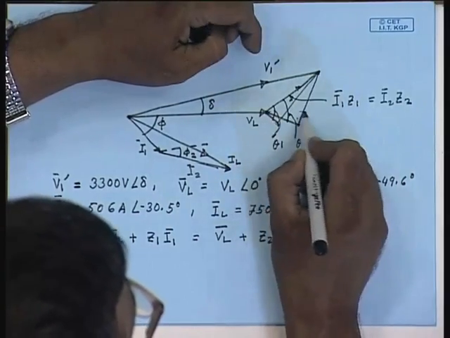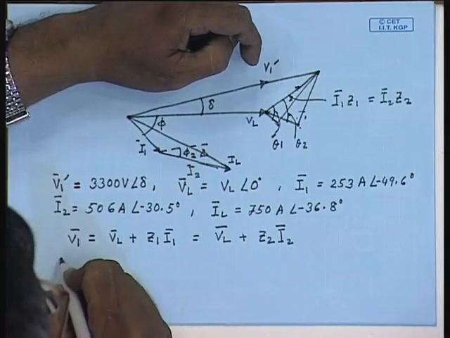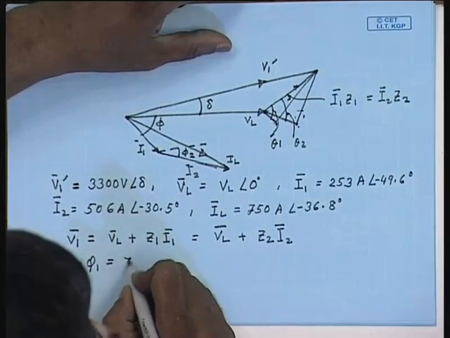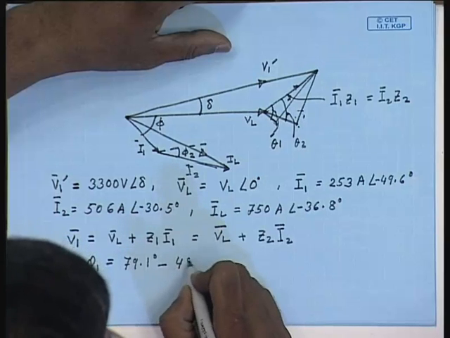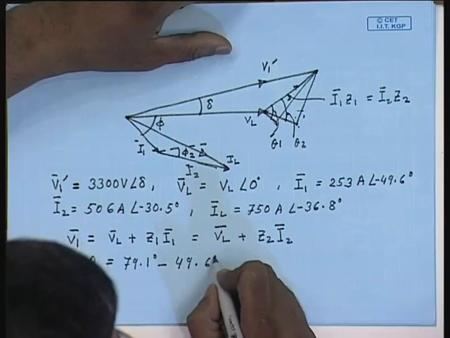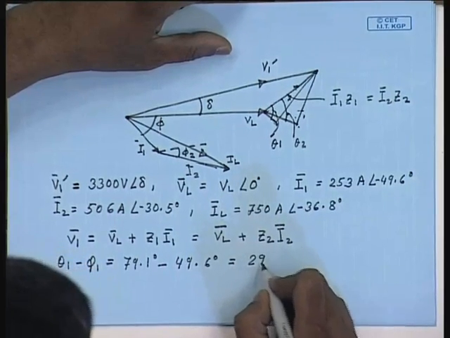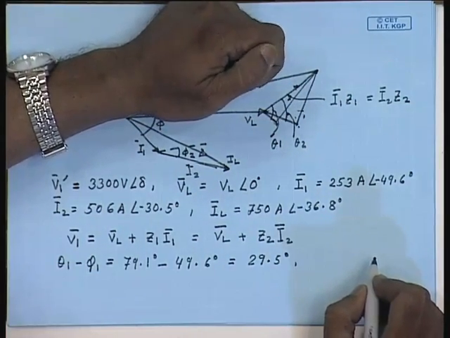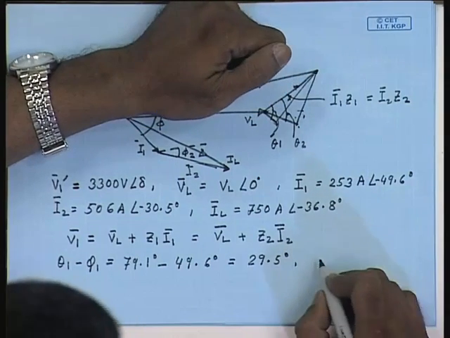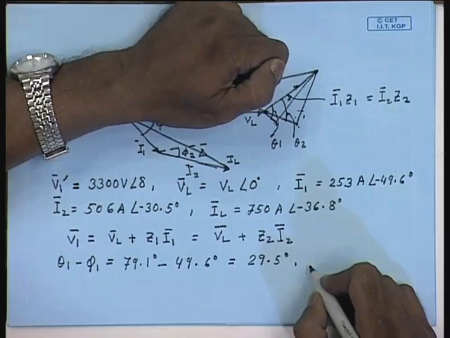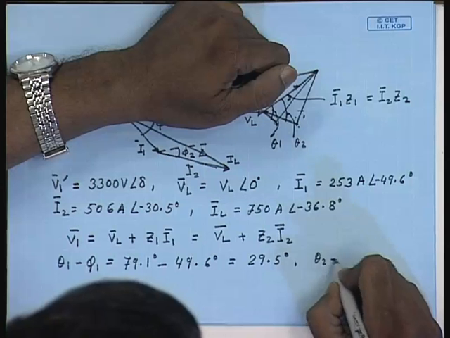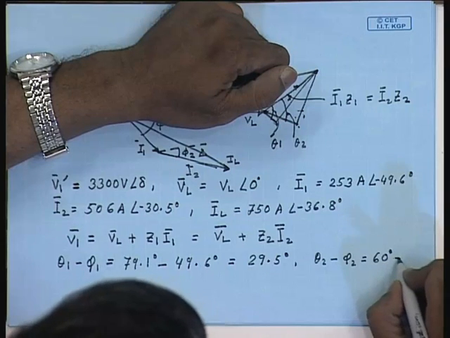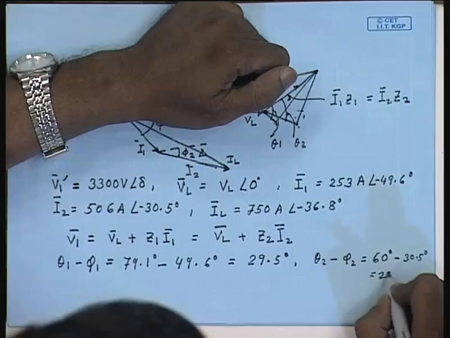And this angle is phi 1, this angle is phi 2. So, theta 1 minus phi 1 equal to 29.5 degrees, and theta 2 minus phi 2, that is also equal to 29.5 degrees.